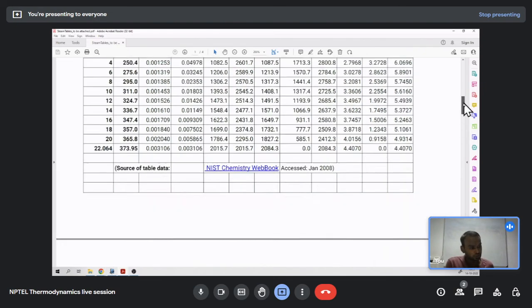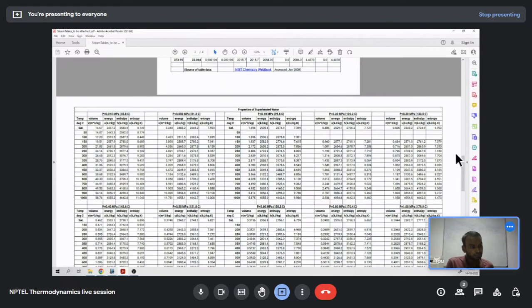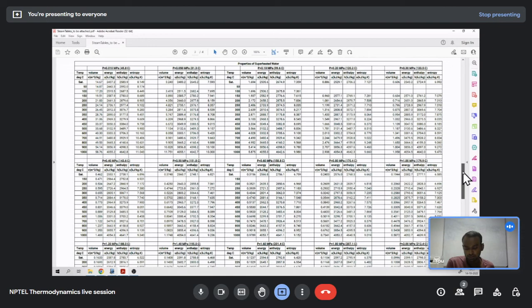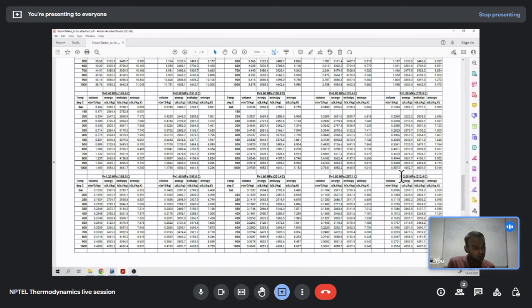So we can go to the superheated steam table. For 20 bar we have 2 megapascals, and 2 megapascal appears here. So I will zoom in.